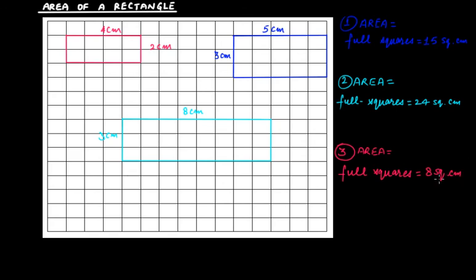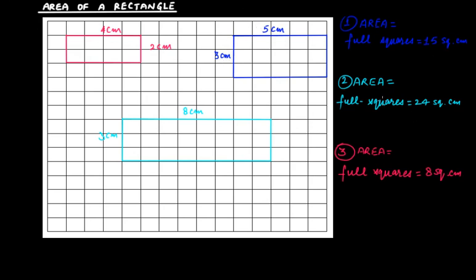Now, what pattern or formula can we infer from this? If you look at this one, the area is 15. Can we see that if we multiply 5 by 3, that is the length times the breadth, we get 15?